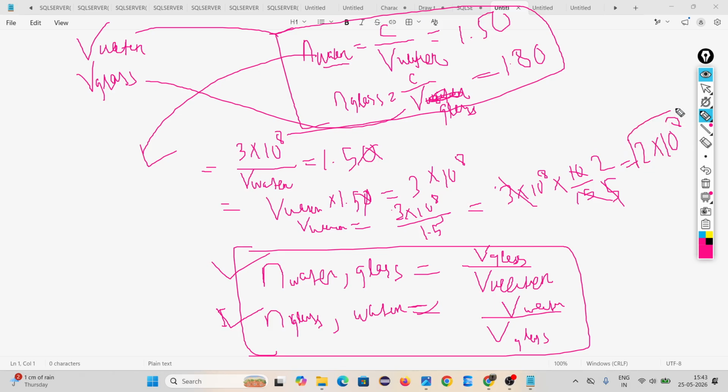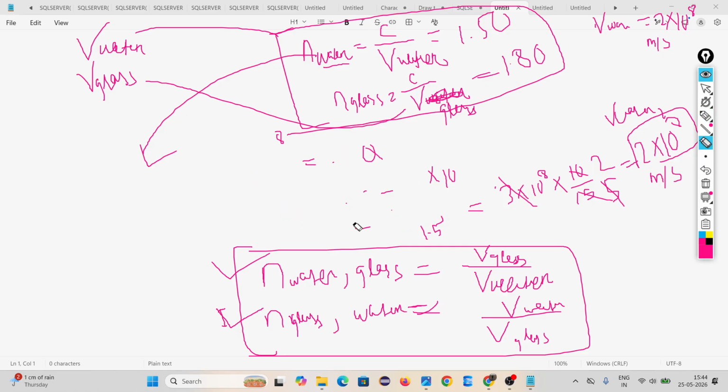This is nothing but the speed of light in water. And since you are finding speed, the unit is meter per second. From the first formula, we found the speed of light in water, that is 2 into 10 to the power 8 meter per second.